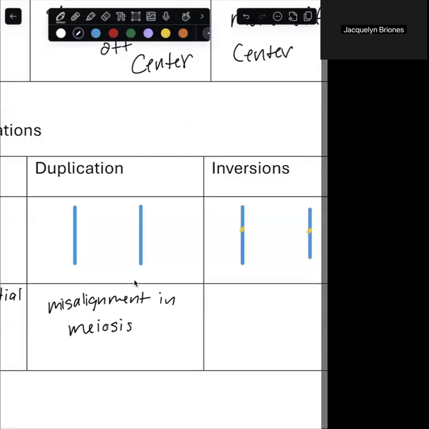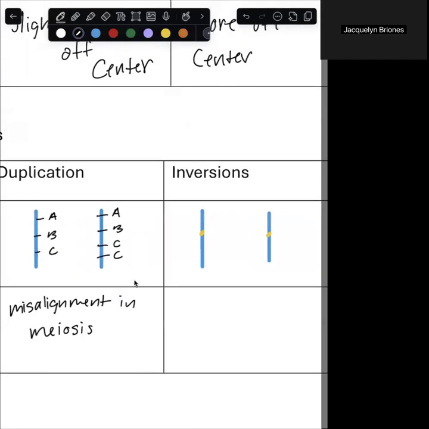So like here, imagine we have A, B, C, and then here we have A, B, and two C's. So that would be a duplication.